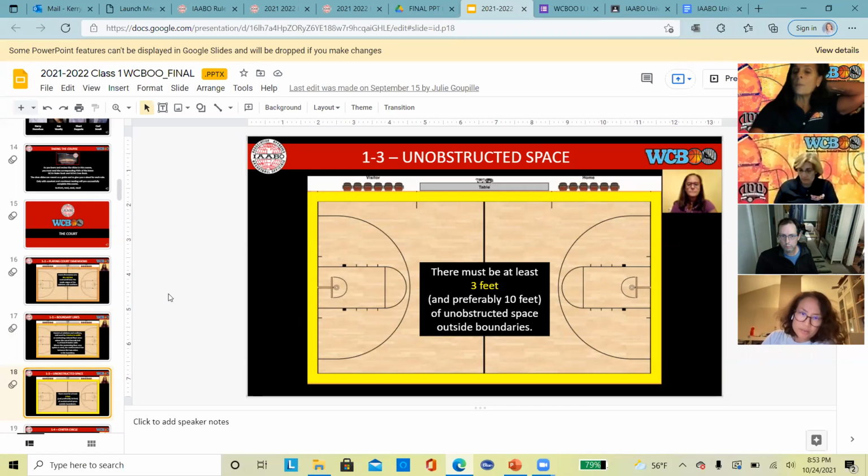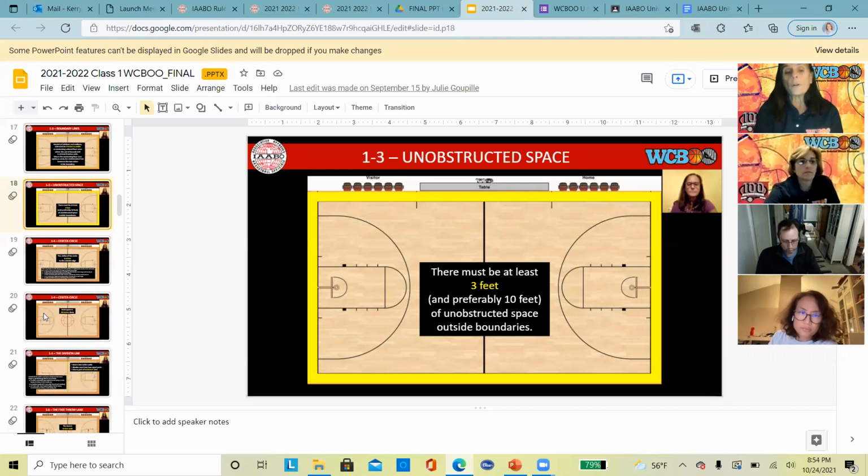You usually have more space on the end lines than you do on the sidelines because the table and the benches are right there. So 3 feet is really good. If you have more than that, that's even better. But you need to have more space on the end lines because if you have cheerleaders and mascots, there needs to be at least 6 feet for them to be able to stand there and cheer and all that kind of stuff. So that's kind of important.